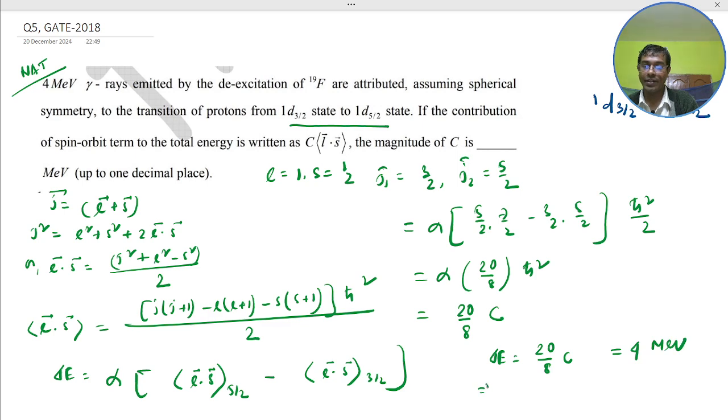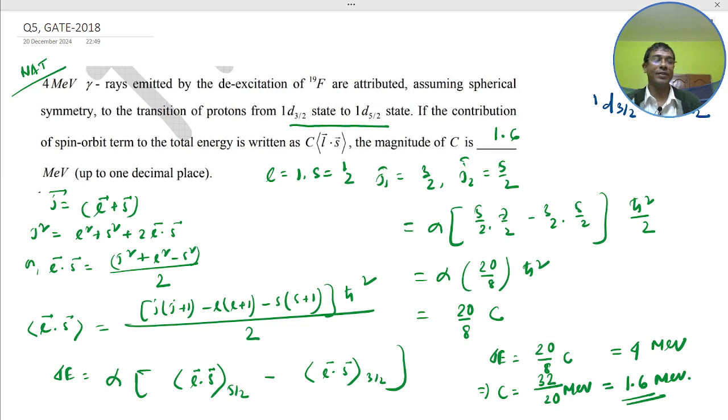So you have to find this C value, so 32 by 20 mega electron volt is equal to 1.6 mega electron volt. So 1.6 would be our correct answer. C value 1.6.